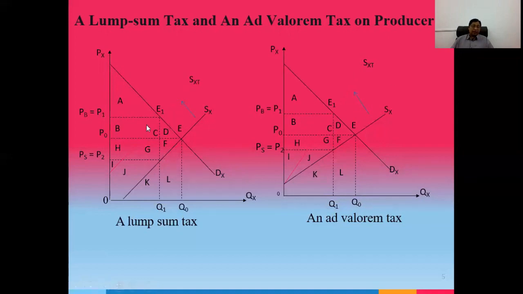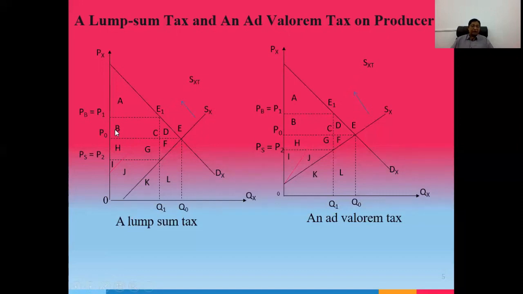It is given by the area of D plus F. I would like to explain how we estimate this deadweight loss area. When you take the reduction in consumer surplus and reduction in producer surplus, then you will get the social cost of this tax or deadweight loss.